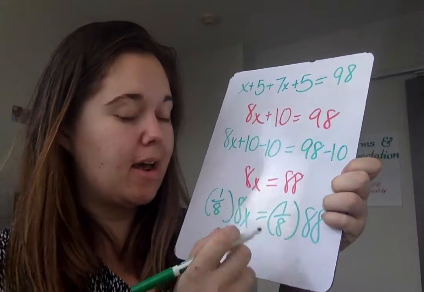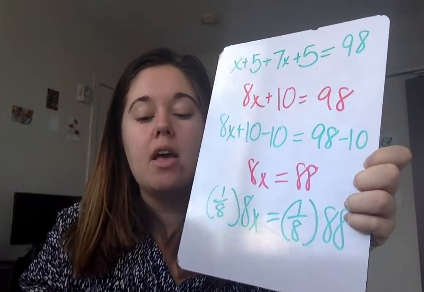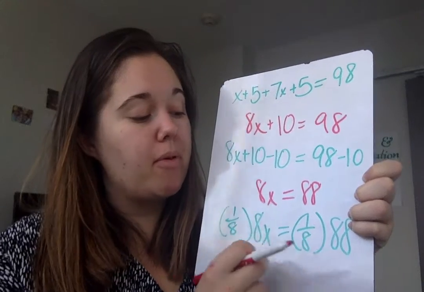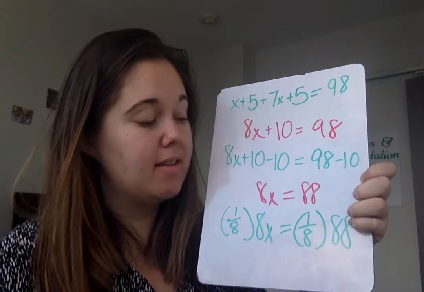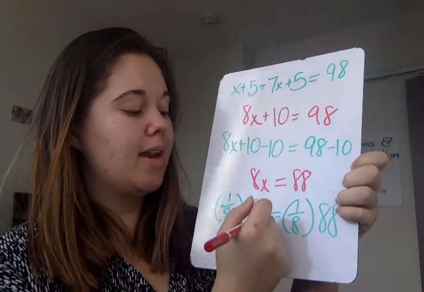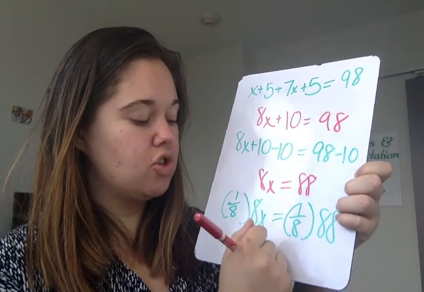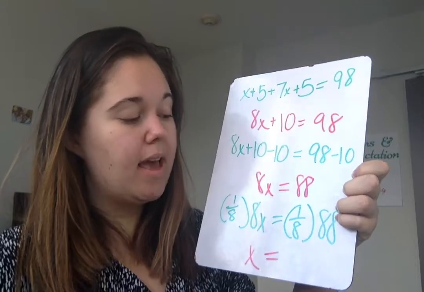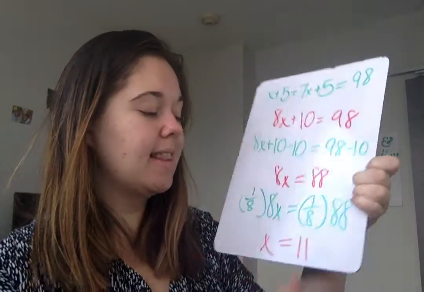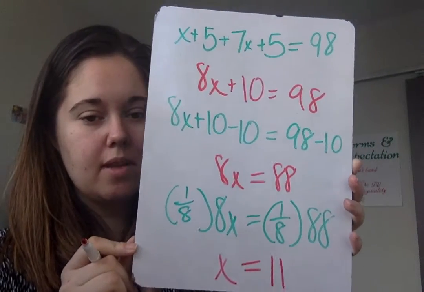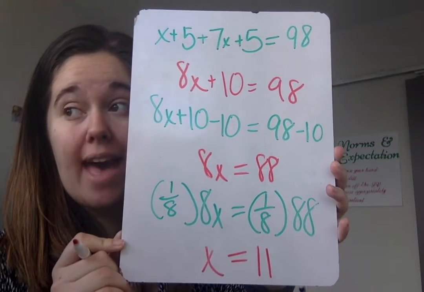I know we're going to end up with just 1x. We're multiplying on both sides so that it stays equivalent. So 1/8 times 8x will give us just 1x. And then 1/8 times 88 gives us 11. And there we go. Now we have x.